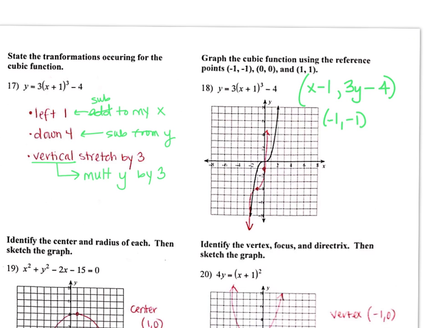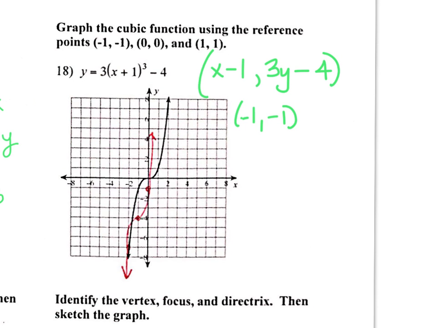All right, so negative 1, 1. Remember, this is x and y. So my new coordinate is going to be negative 1 minus 1. Remember, I'm plugging into my rule, so negative 2. For the other one, I'm plugging this in for my y. So 3 times negative 1 is negative 3, minus 4 is negative 7. I said it and wrote the wrong thing, negative 7.